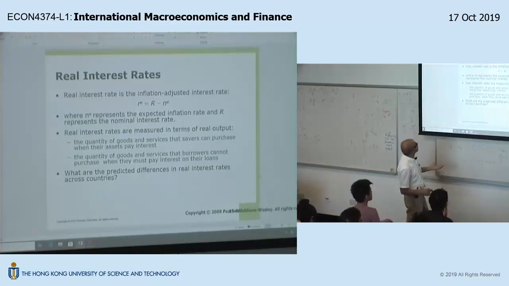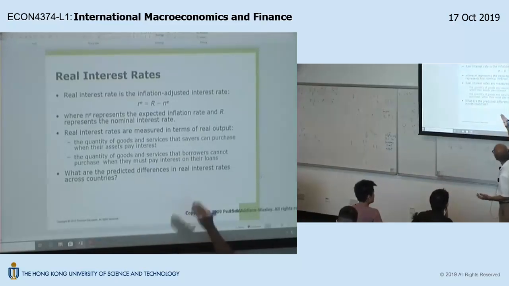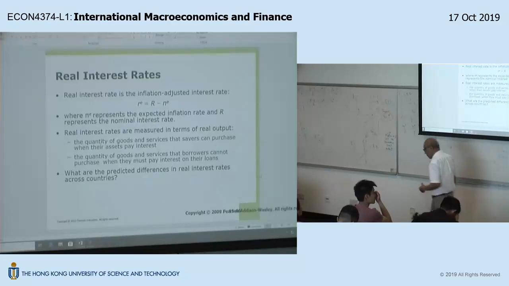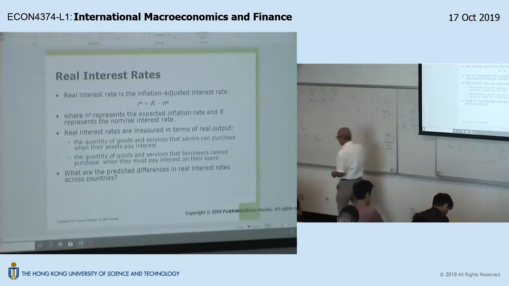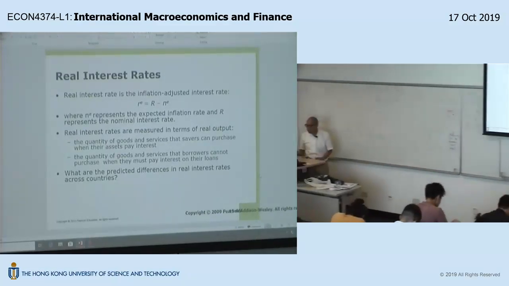You don't need to put an E there. We just write small r equal to capital R minus pi E. But if you want to put an E there, it's fine as well. So it's the real interest rate. Okay, so what is it?